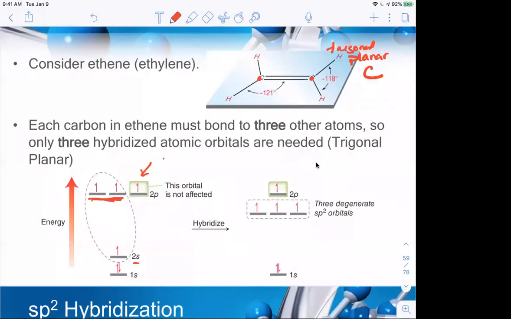This is going to stay unhybridized. This is what I'm going to use to make double bonds, which is right there, right? So when I hybridize, I have 3 lower energy degenerate sp2 orbitals, and I still have this unhybridized p.